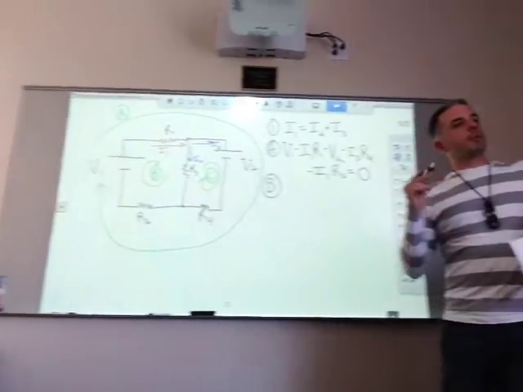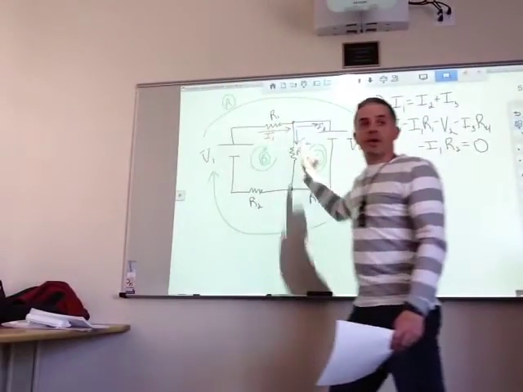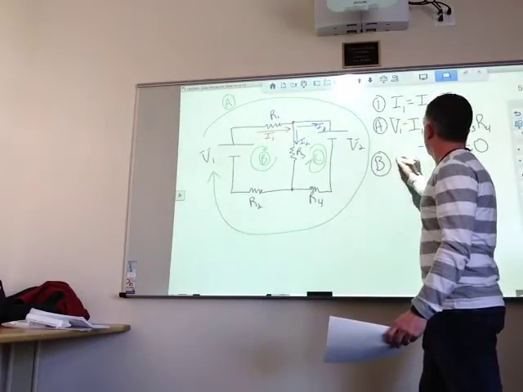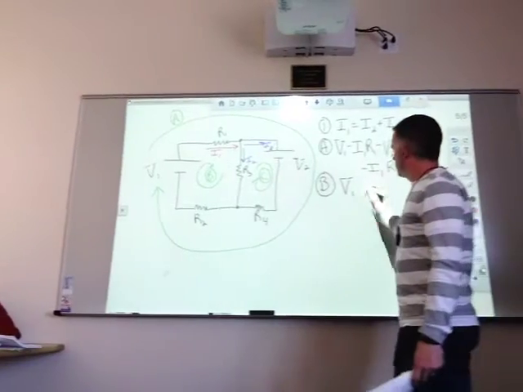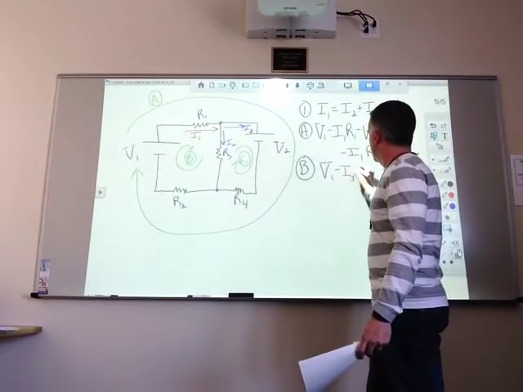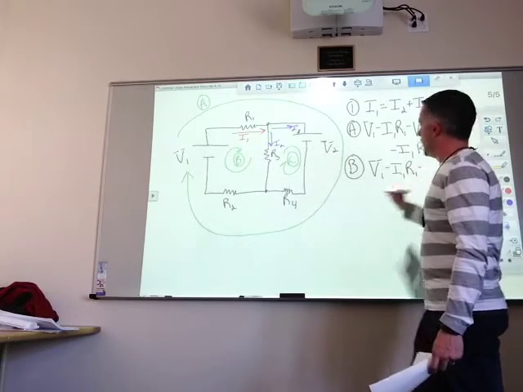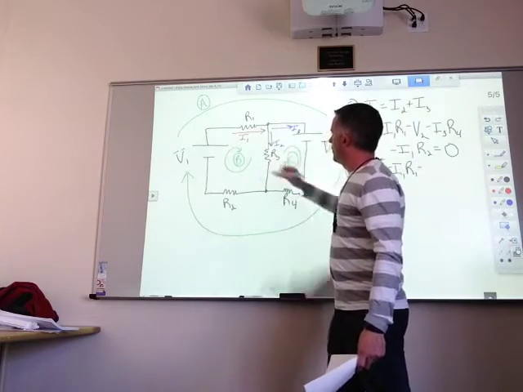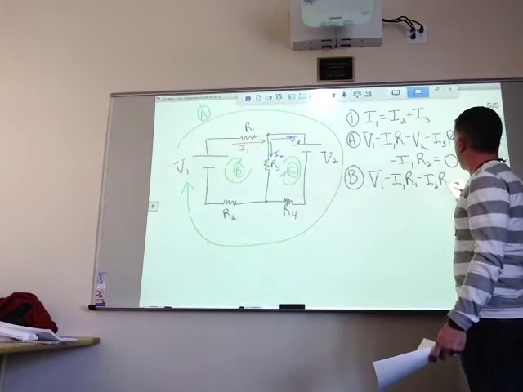So now if we go through loop B, let's start again. Plus V1, minus I1 R1. As we come down, minus I2 R3.